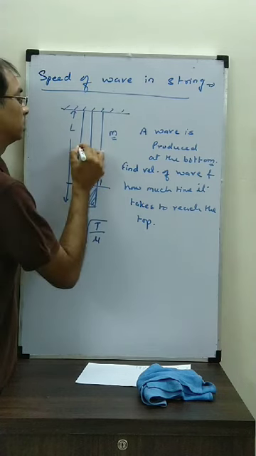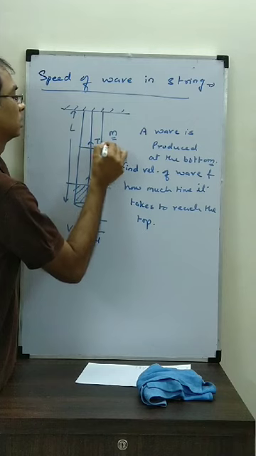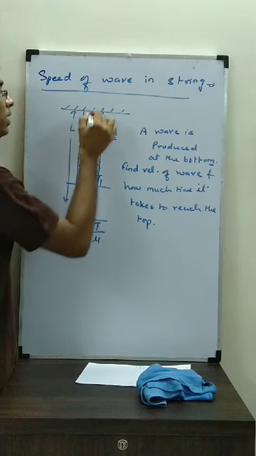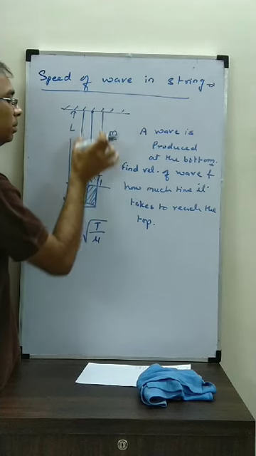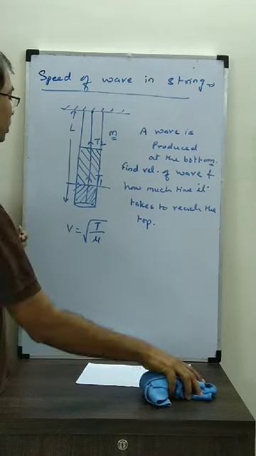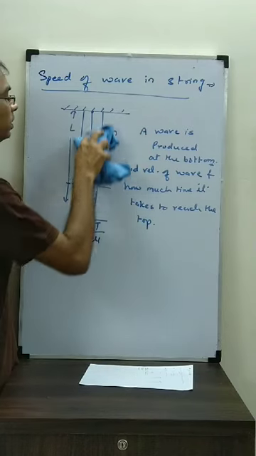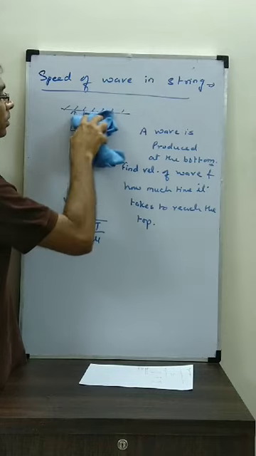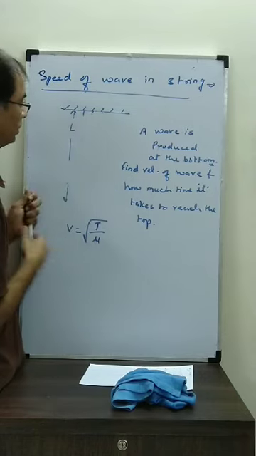If I talk about the tension here, then it will be because of this entire portion. But if I talk about tension at the top, it will be due to the entire mass. So tension is different at different points. What does that mean? It means the speed also will be different at different points.